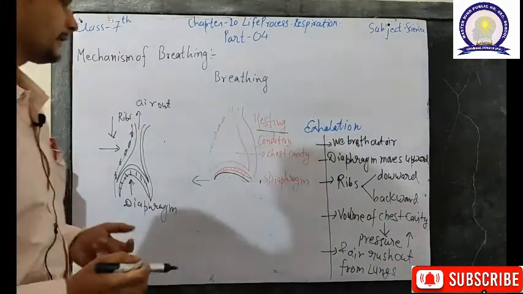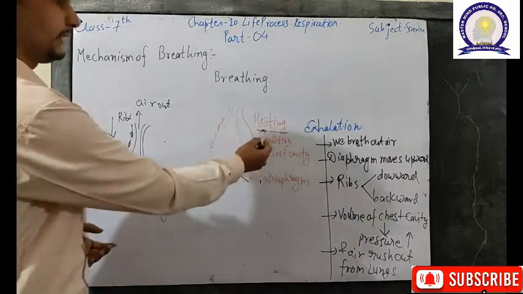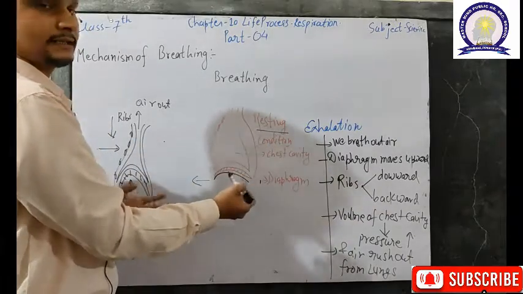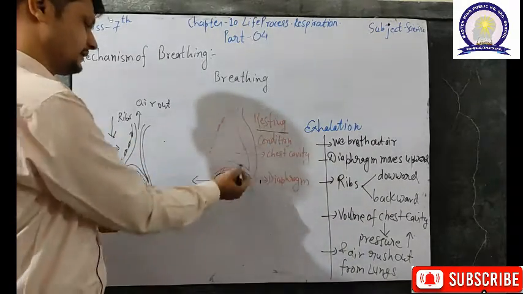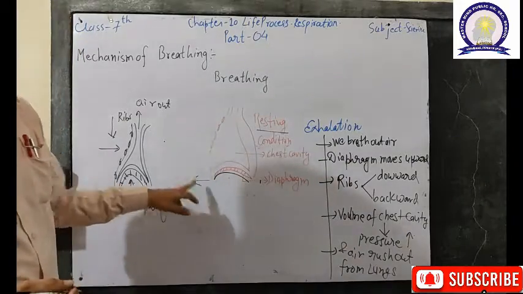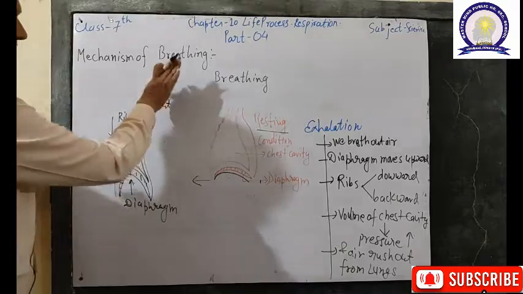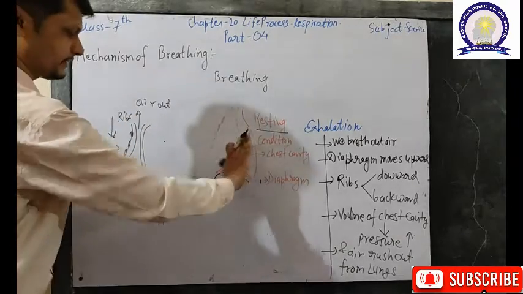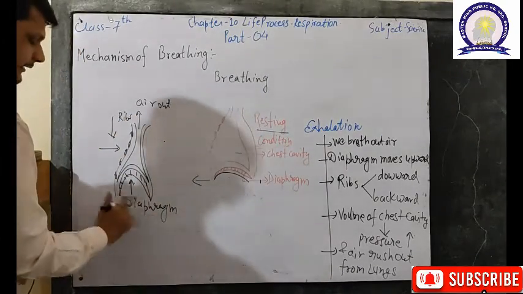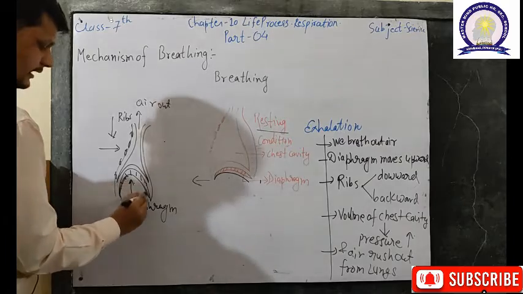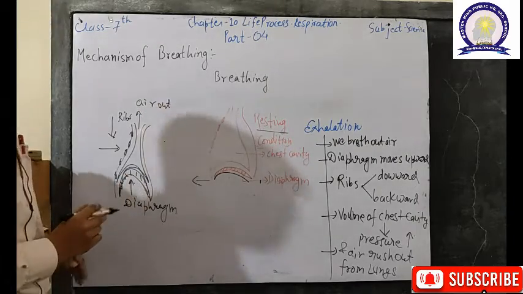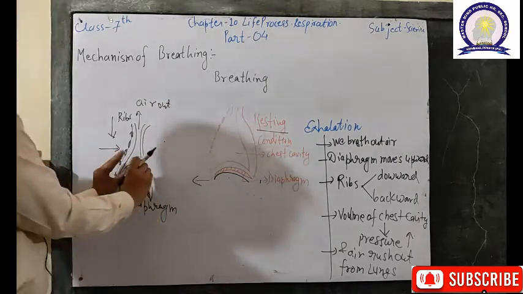Now in the diagram we discuss this process. Compared with the resting or inhalation condition, the opposite movement occurs in exhalation. That means the ribs go downwards and backwards, and the diaphragm becomes more dome shaped, which leads to compression of the chest cavity.